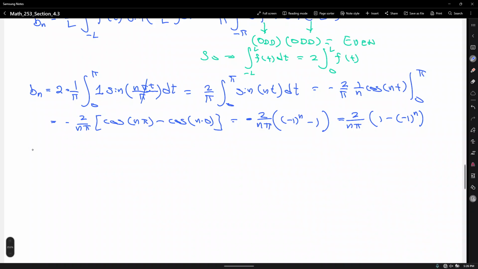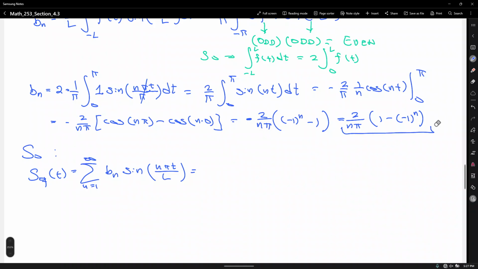Okay, so again, this square wave sq of t equals the sum from n equals 1 to infinity of b sub n, first, times sine of n pi t over L, where b sub n is this number we just found over here. Okay, let me actually highlight it instead. Okay, highlight it and highlight it here.